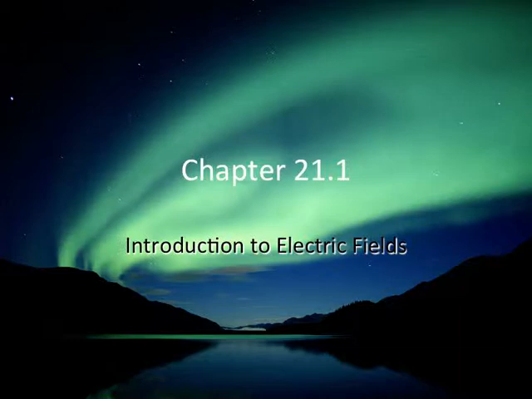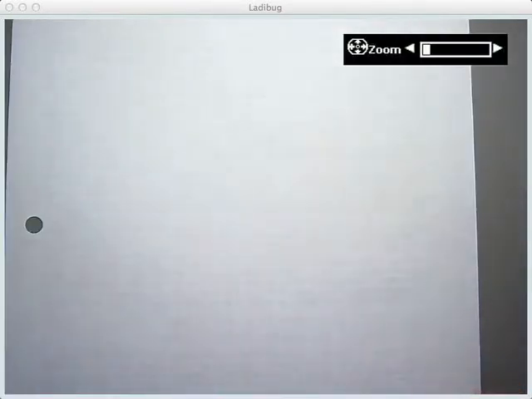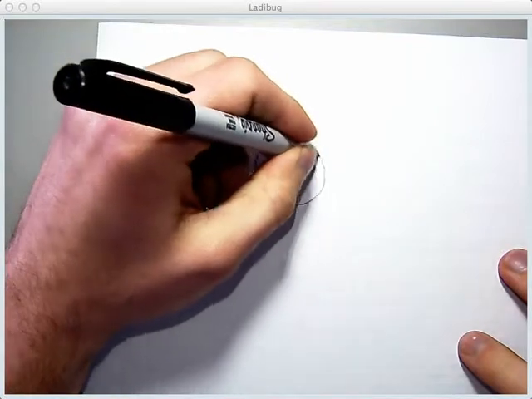to start off talking about electric fields, I want to reflect back on something that we've already covered, and that would be gravitational fields. Okay, so let's say I have a planet. It's a nice round planet.